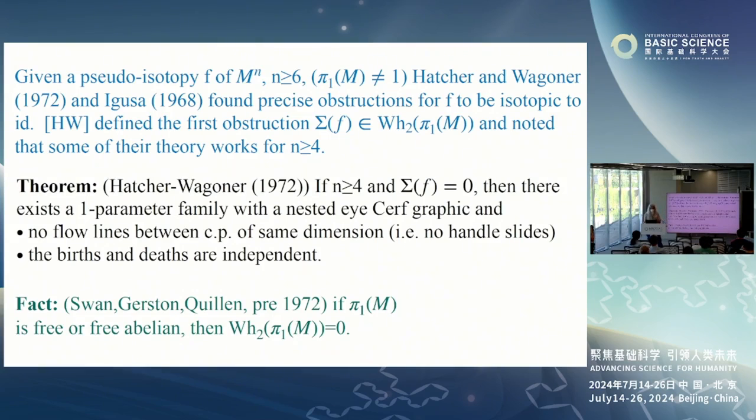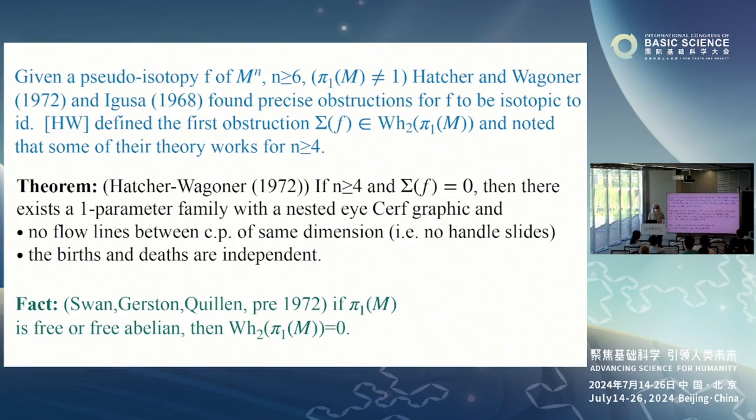But now this great theory, by Hatcher and Wagoner, corrected a bit by Igusa, addressed the question of whether a pseudo-isotopy is isotopic to the standard one for non-simply connected manifolds.